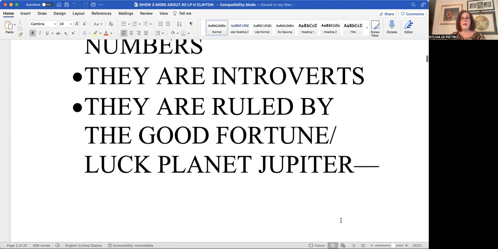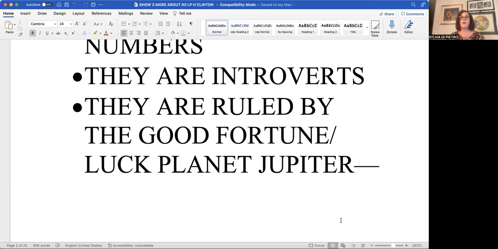Now, the good part is that the 3, you'll usually see Jupiter very positively placed in the life path number of the 3. And we all know that wherever Jupiter is placed, you've got really a bonus there because Jupiter is the joy giver. It expands anything you do. So if you're a 3 life path, it expands your ability to be self-expressive.